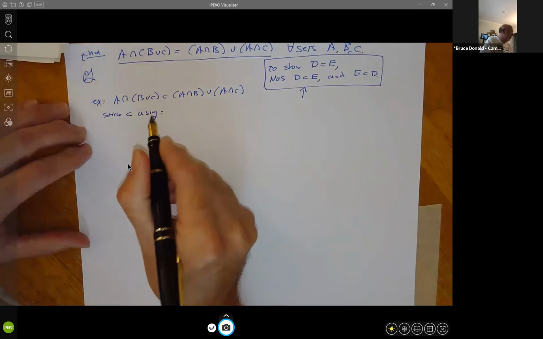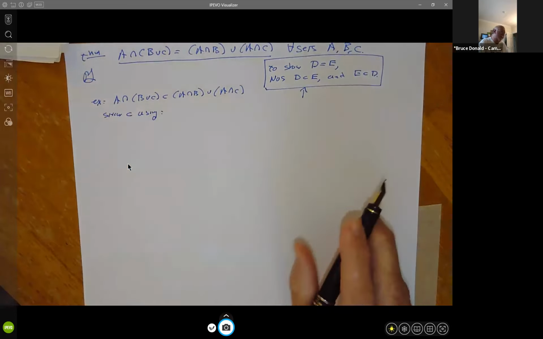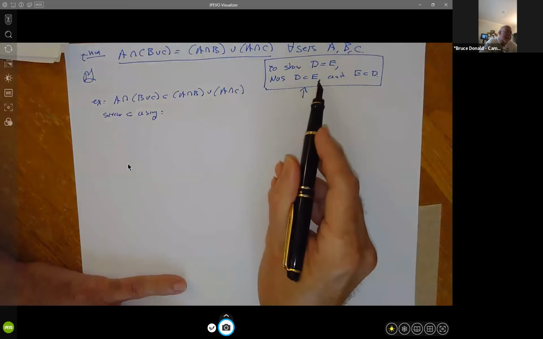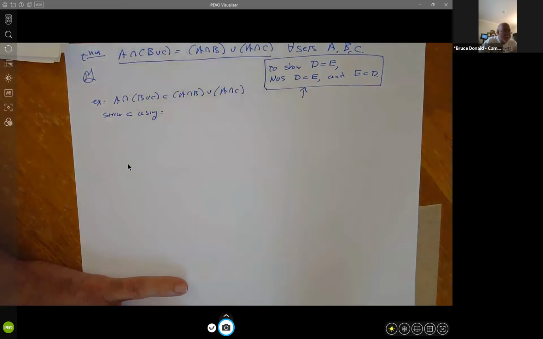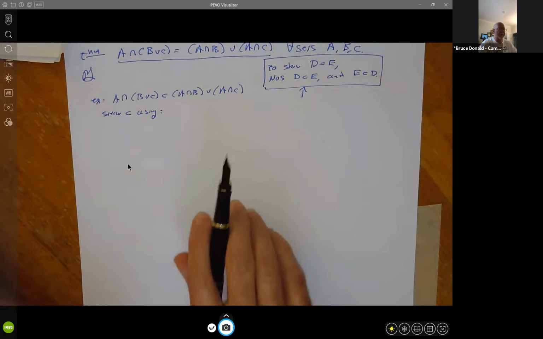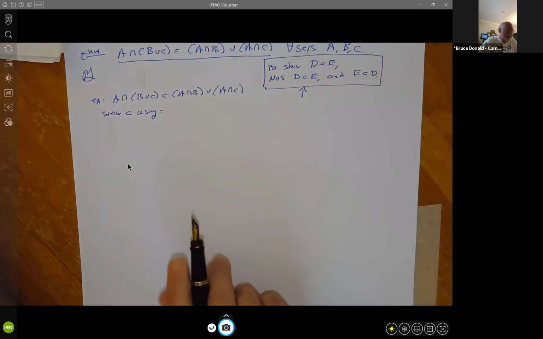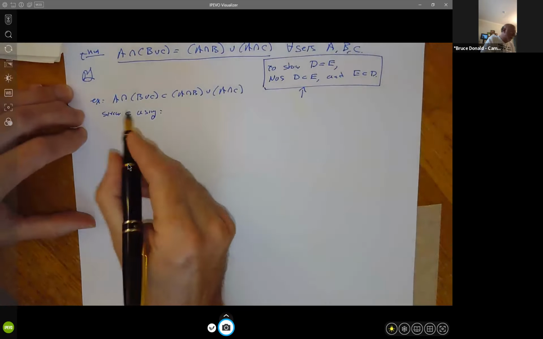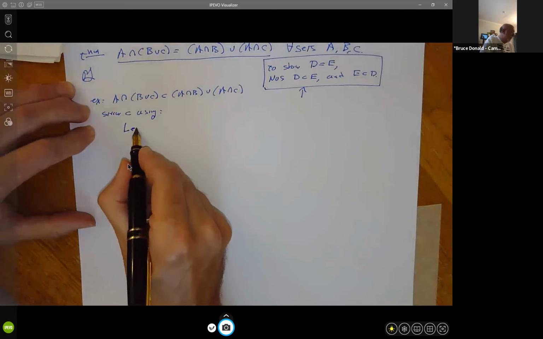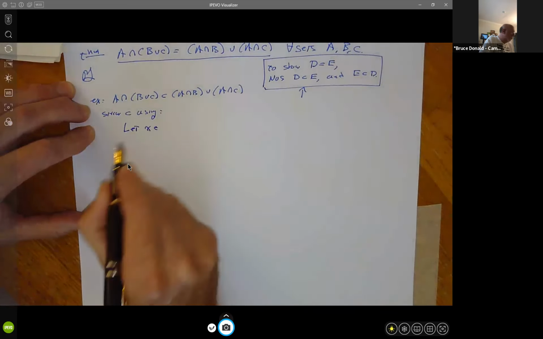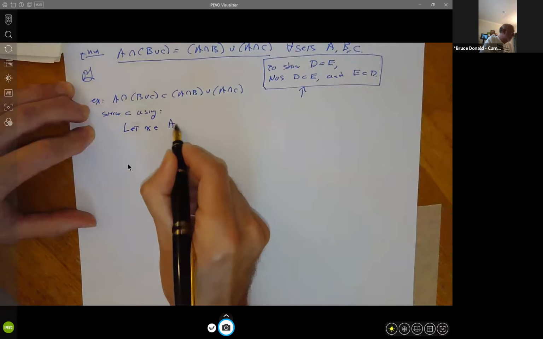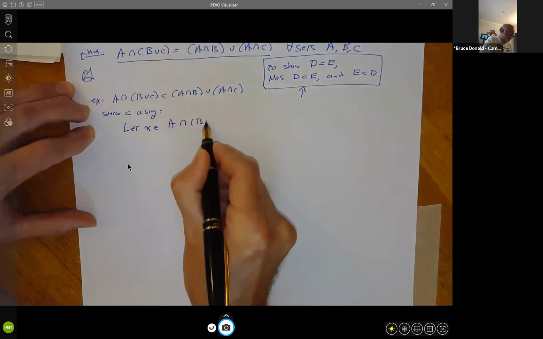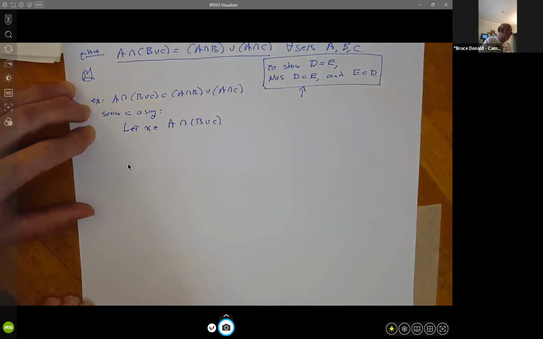these following techniques. The way to show that D is a subset of E, many ways, but one way is to pick an arbitrary point in D and show that it must be in E. Since your choice was arbitrary, that will be true of any choice of points in D. So I'll do that by saying let X be some point in the left-hand side, A intersect B union C. Groovy, we've got that.